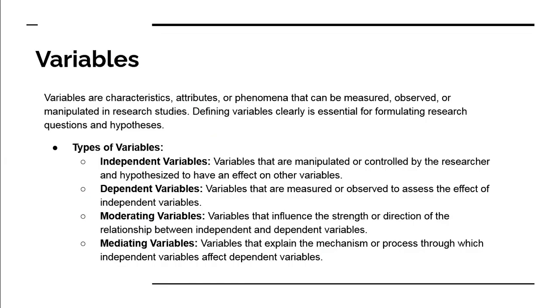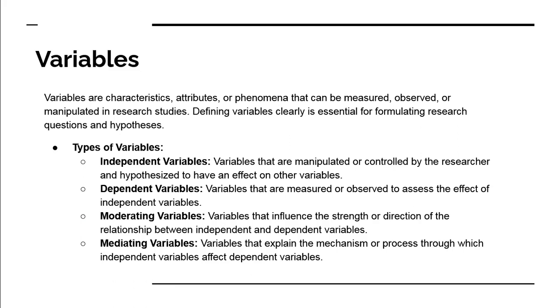First, we have to characterize some variables. Variables are characteristics, attributes, or phenomena that can be measured, observed, or manipulated in research studies. Defining variables clearly is essential for formulating research questions and hypotheses. There are different kinds of variables. Those are independent variables, dependent variables, moderating variables, and mediating variables.